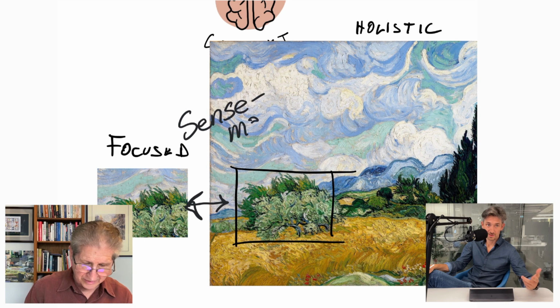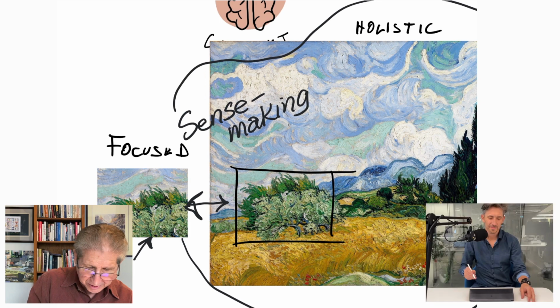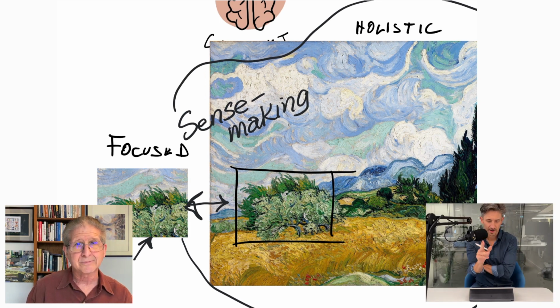And I just want to call that sense making, because sometimes we can't make really good sense of the little detail, the little bit of content, until we have this much bigger picture. Exactly. That's where I'm heading.